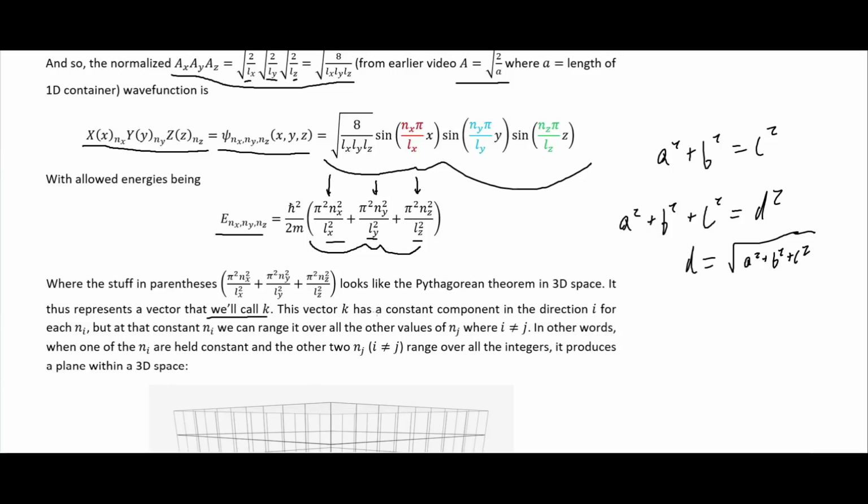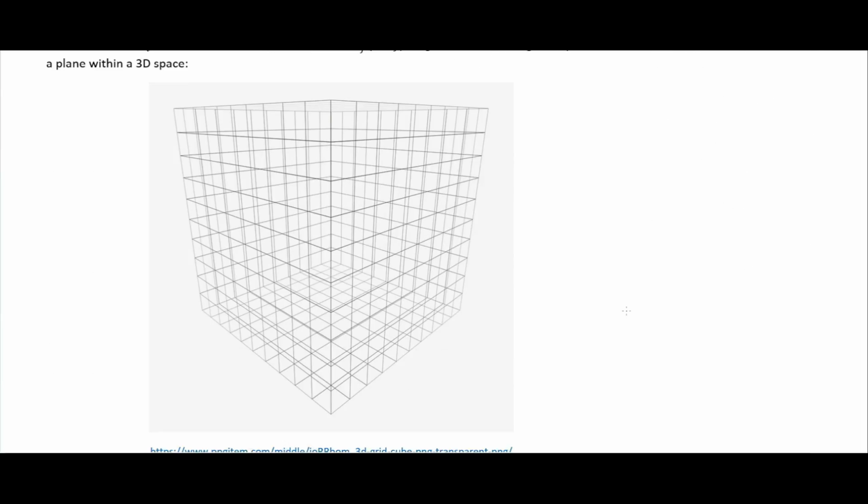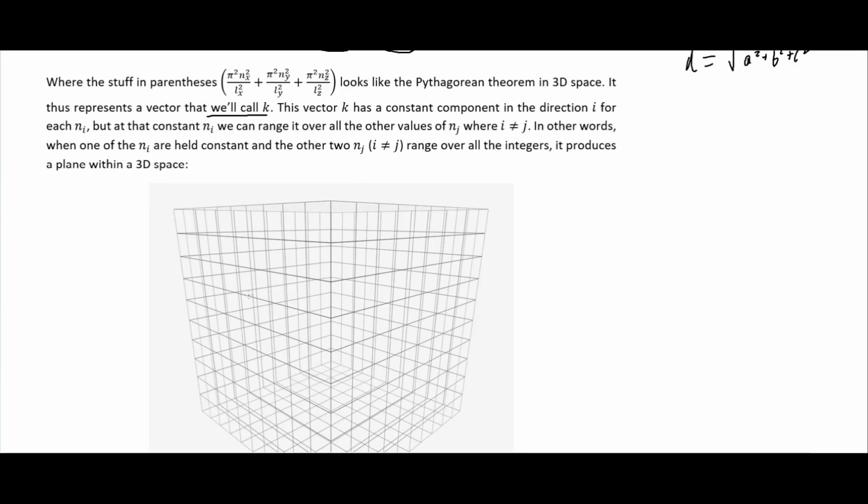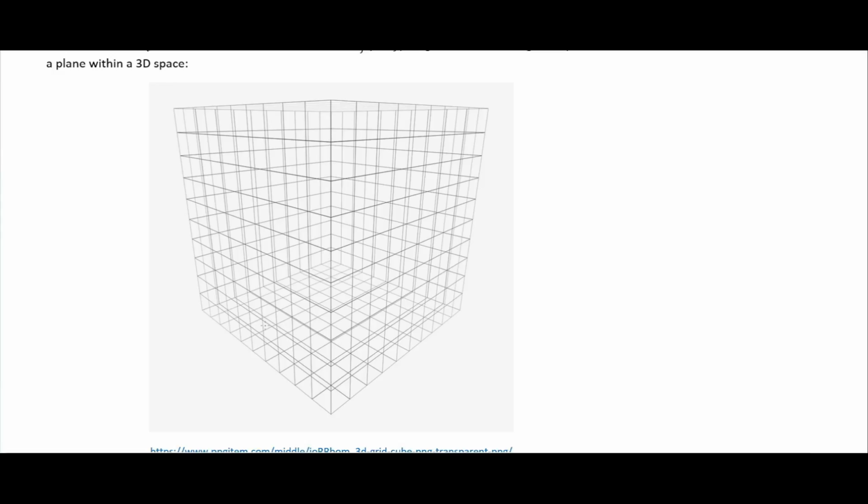So this vector k has a constant component in the x direction. What I mean in this description is, if we have this 3D grid, and say we have our origin right here, this is our z, this will be our x, and then this one back here will be our y.